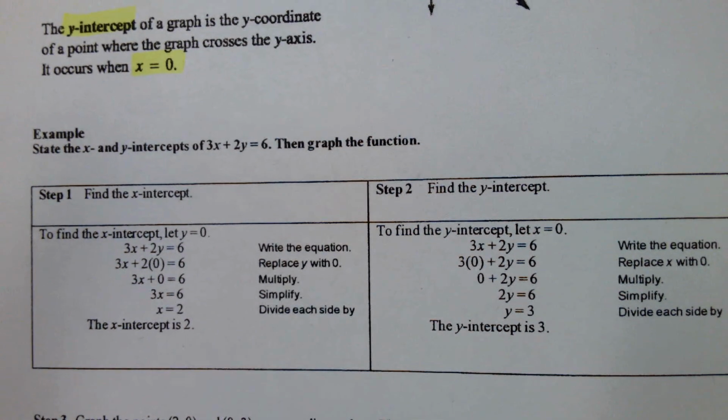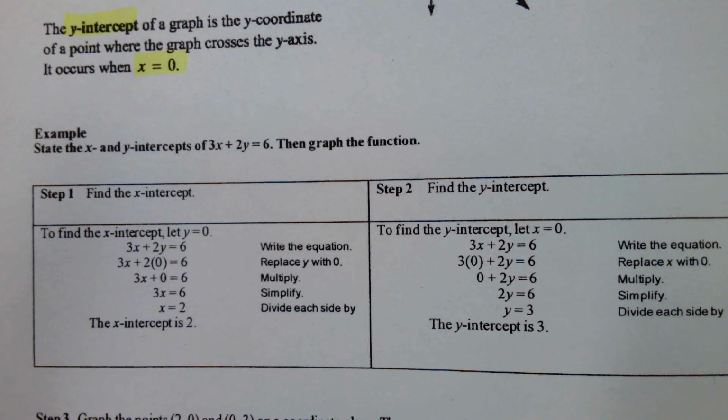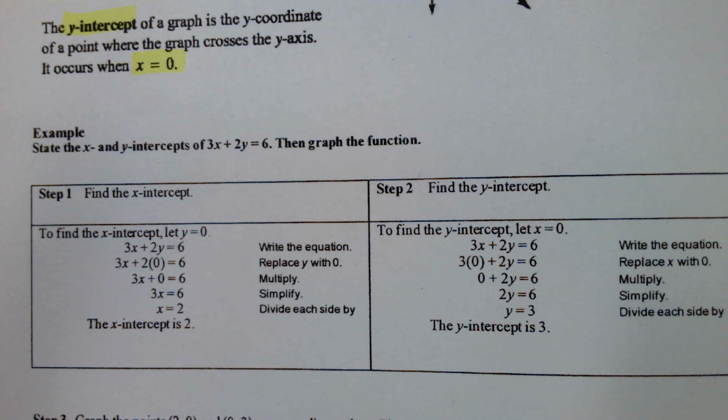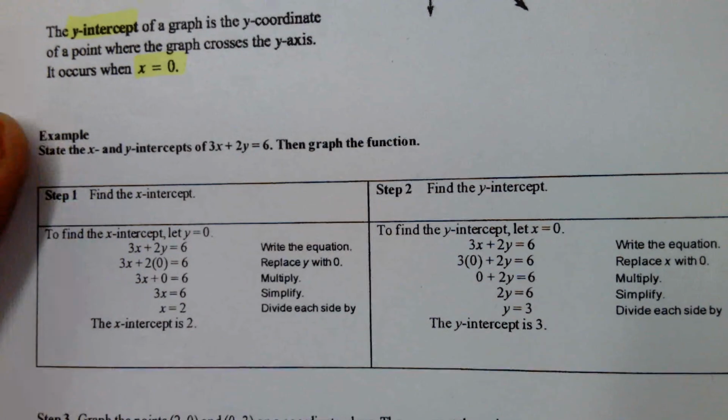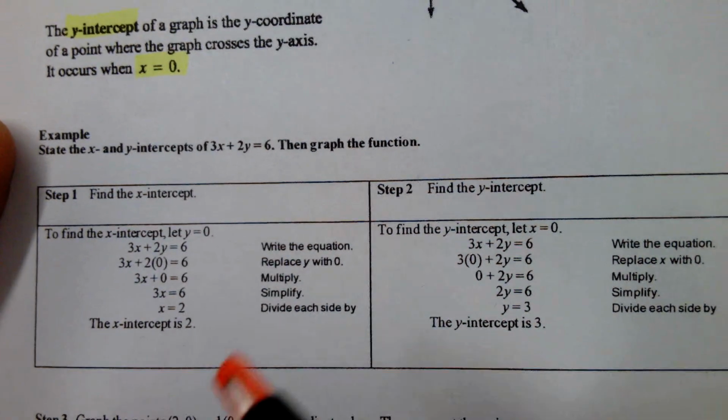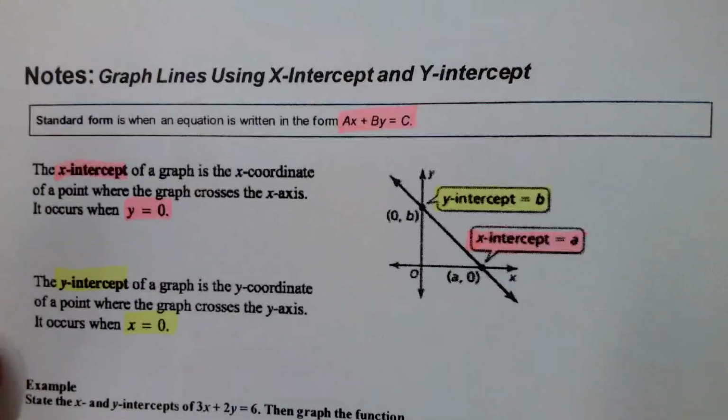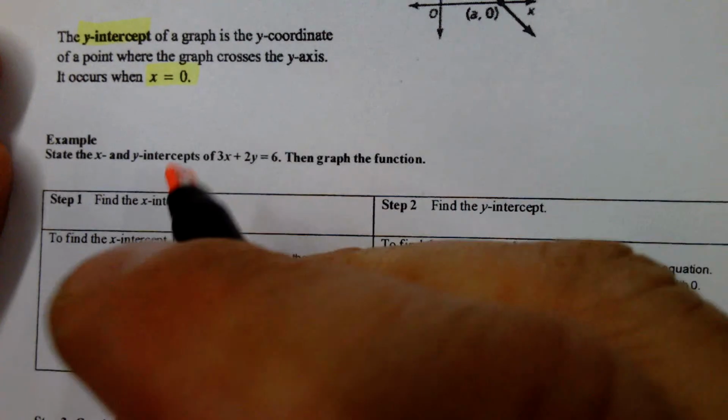Here's the first step. The first step is to find the x-intercept. And in order to do that, we have our function, and we want to find the x-intercept, and we're going to go back to this important fact. Y equals 0. Okay?